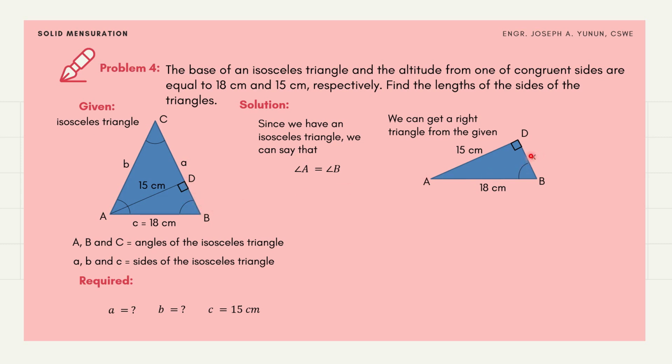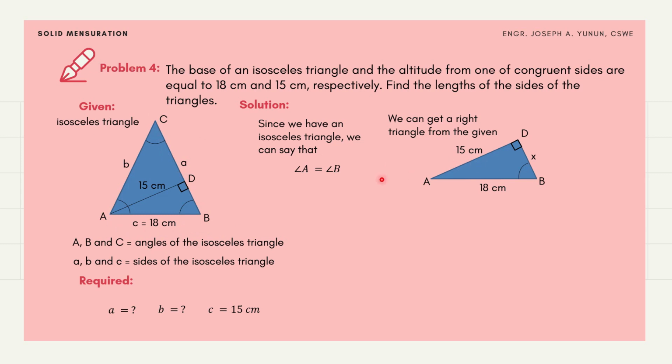I cannot denote this as a. You might have a question: from the discussion, you told us earlier that the opposite of the angle is represented by small letters. I have already used that one here, based on the original given.